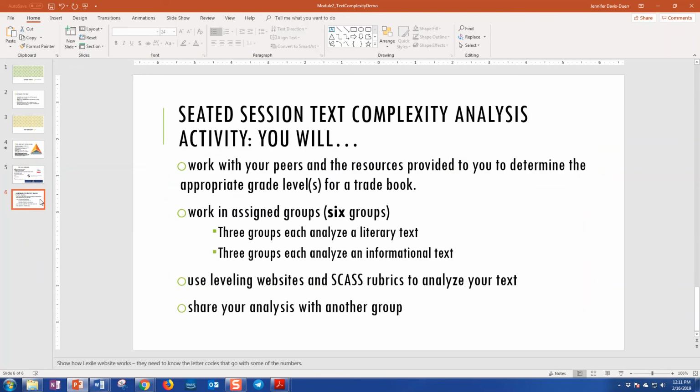Okay, so I showed you the tools. I gave you a couple examples to help you understand. In our seated class session, we will be doing an activity with peers in which you're using the resources that I provided, the rubrics, and I'll have hard copies of the rubrics for you, and the websites, so that you can exercise some of these skills and talk with others about them.